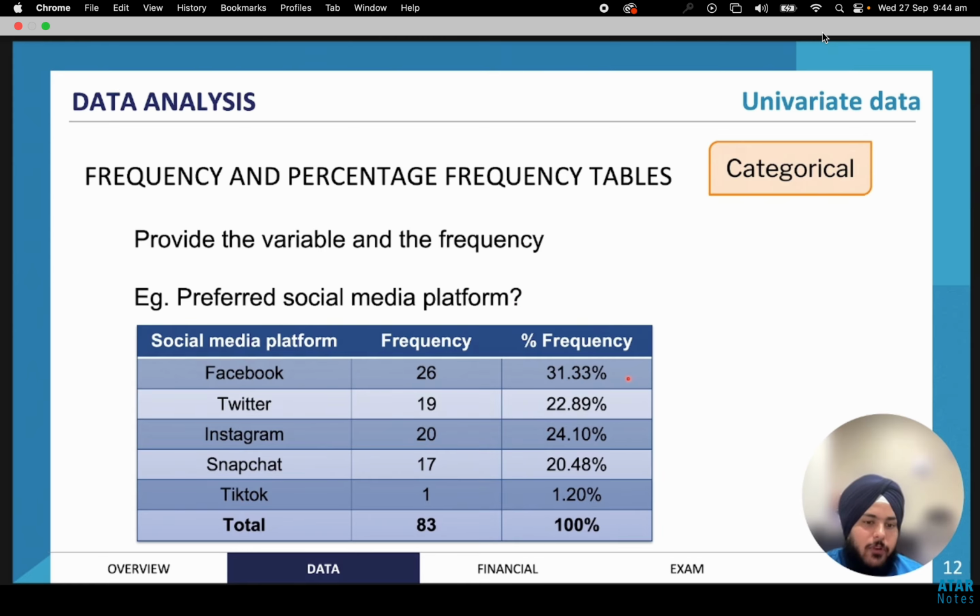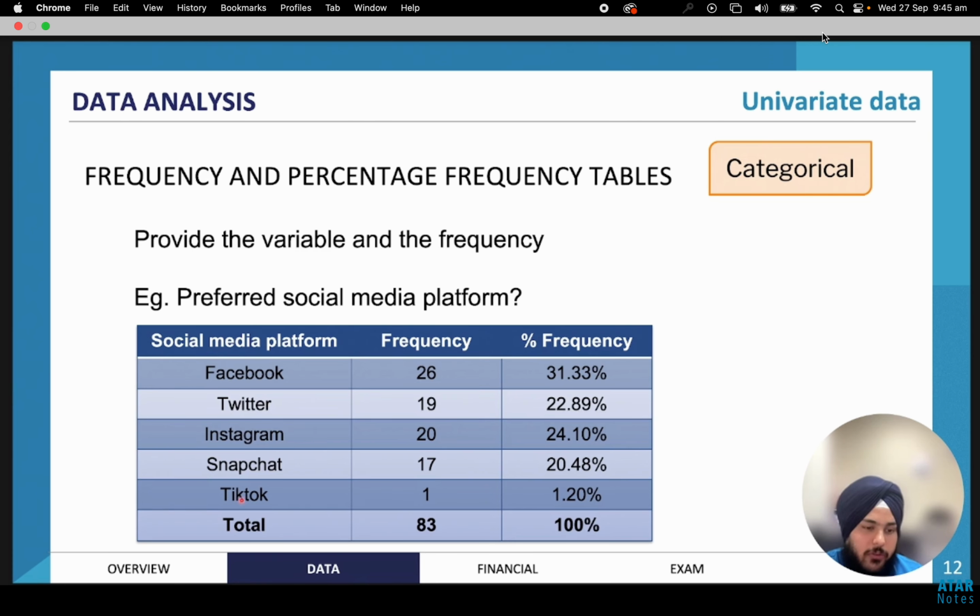So this is really good for depicting data, as we can immediately see that Facebook has a really high frequency. In this case, even for just a normal frequency table, we can easily tell that Facebook has a really high frequency.